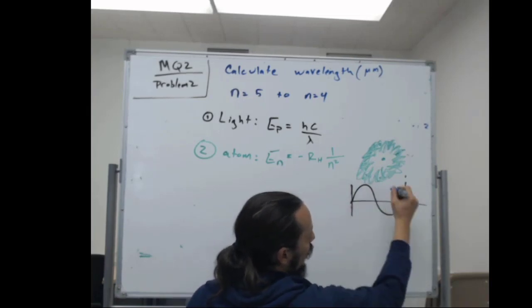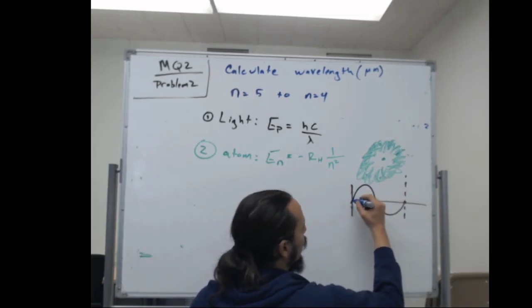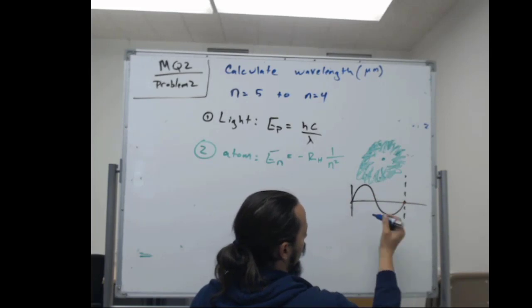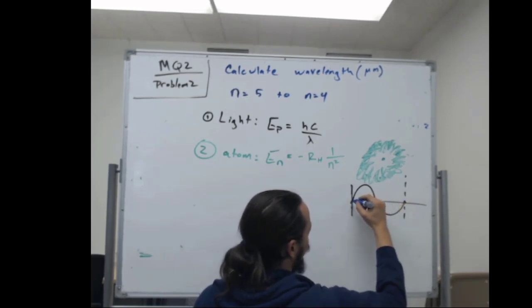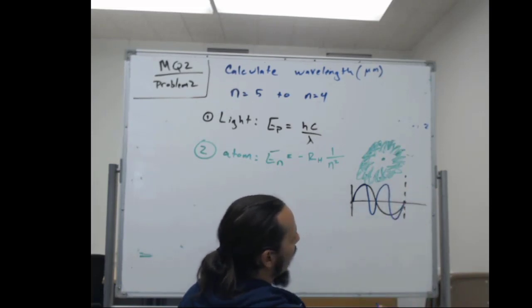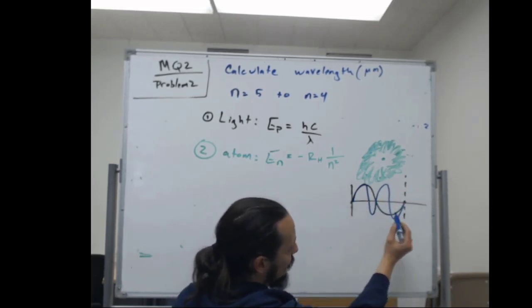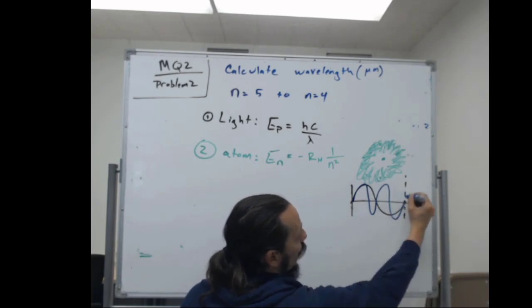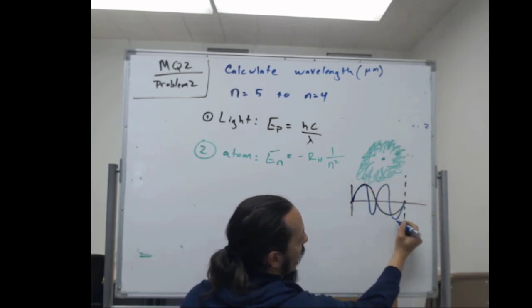So we've got this n equals 1 situation. Or we could have this situation in blue, kind of sloppy, but this would be twice as many wiggles, right? So this would be an n equals 2.